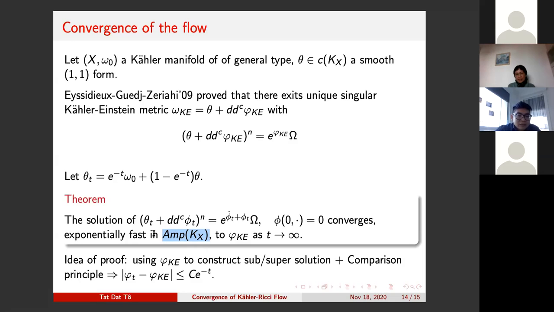Because in this set the function should be continuous and the value of this potential should be finite, and then we can compare the difference of the two functions in this set. Outside this set the function phi_t may have some singularities. I see, so that locus you said from the beginning. Yes, I forgot. Thank you for the question.